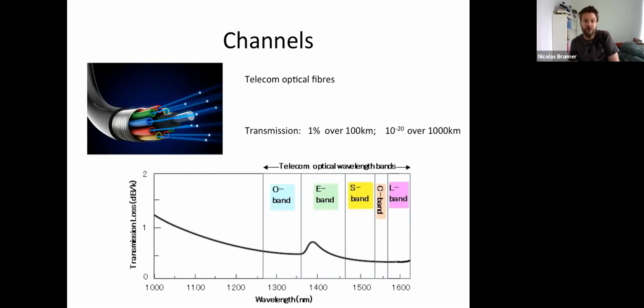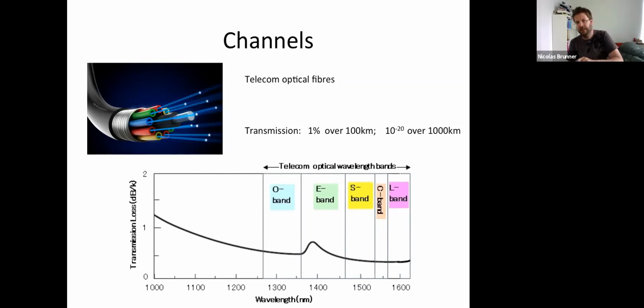So it's an extremely good transmission media, right? But of course, it's not perfect, right? And the reason why it's not perfect is because of these unavoidable scattering processes inside the fiber, right? So the interaction between the photons and the atoms, okay, this leads to these unavoidable losses.